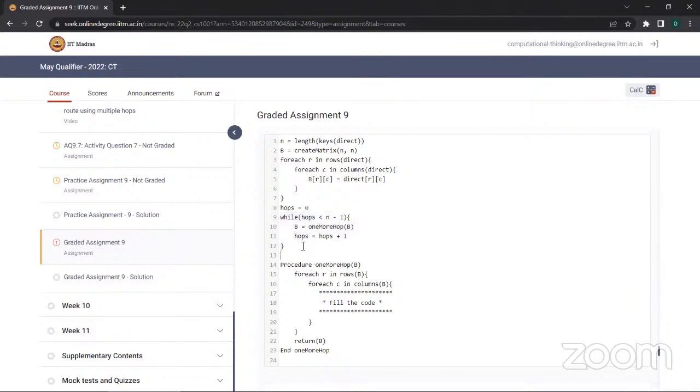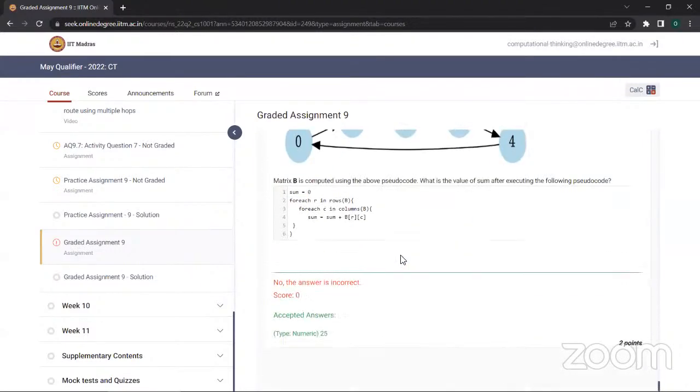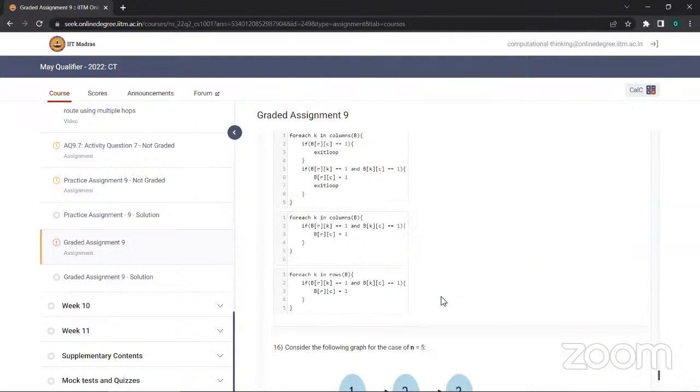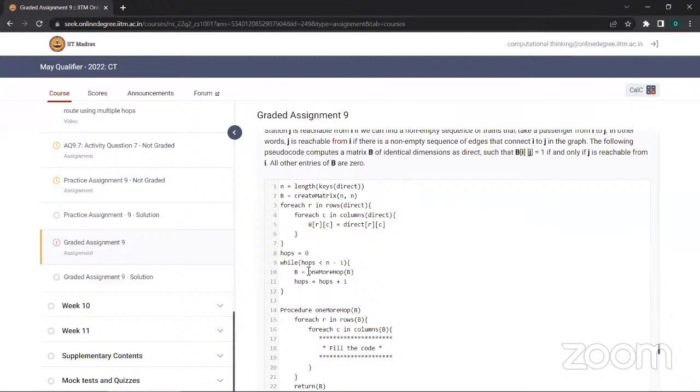No. So what is the significance of this variable? It is telling you the number of times this should get called, executed. So how many stations do we have over here? 5. So how many times will this particular loop execute? 3 times. Yes, sir. 3 times.